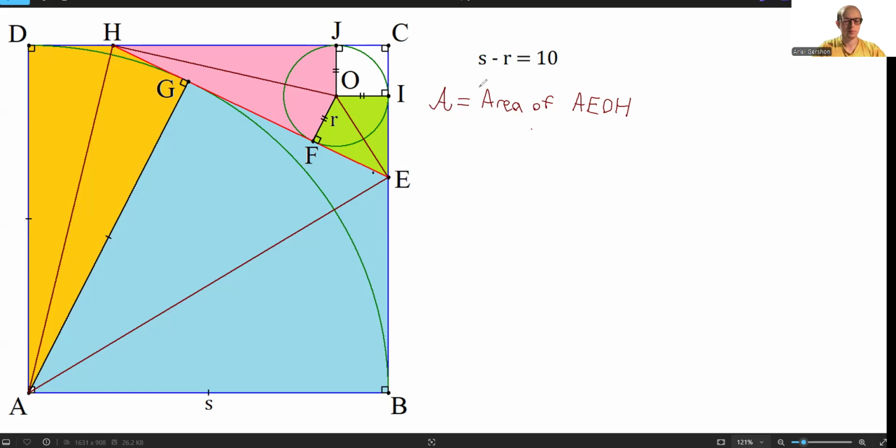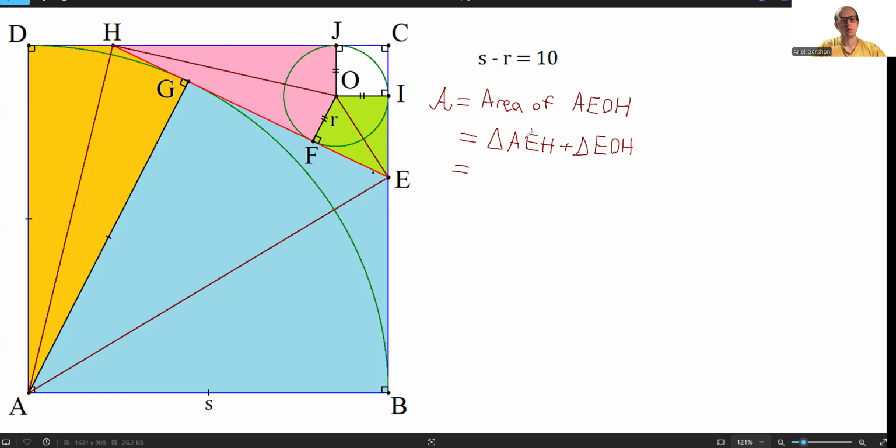So what is it? How do we find it? Well, we can divide that quadrilateral into two triangles. We can divide it into triangle AEH and triangle EOH.